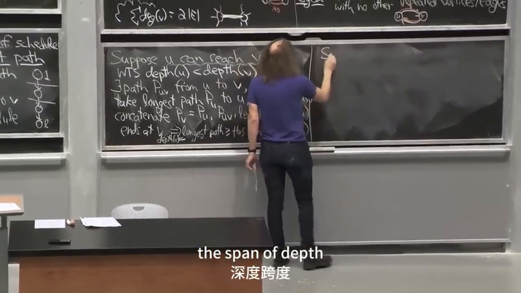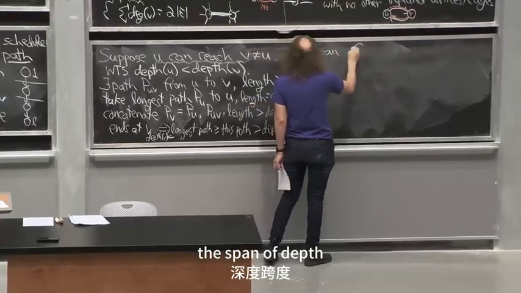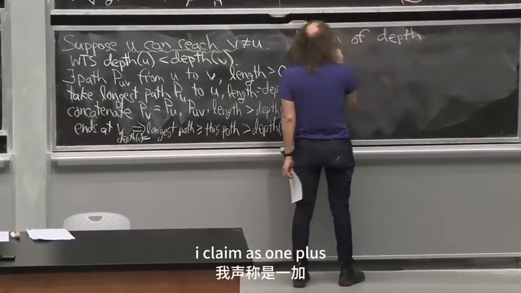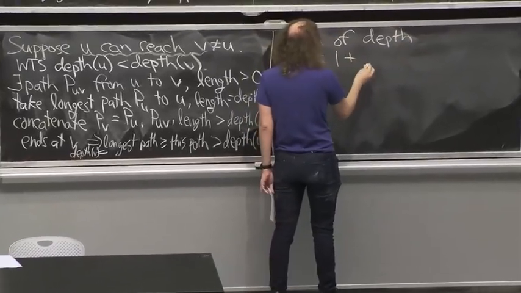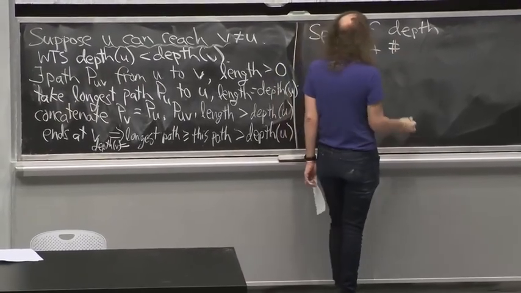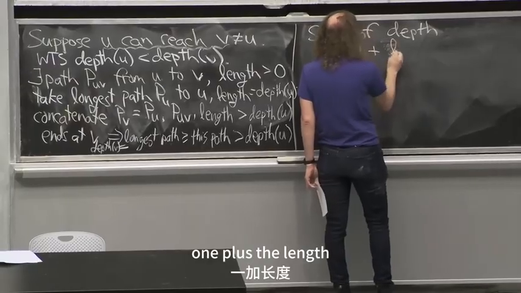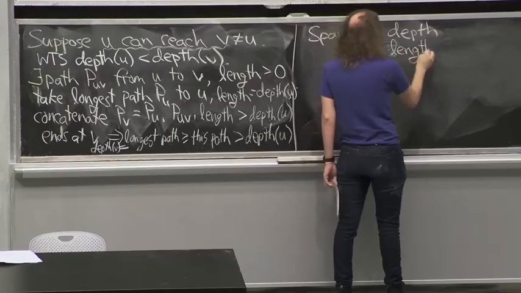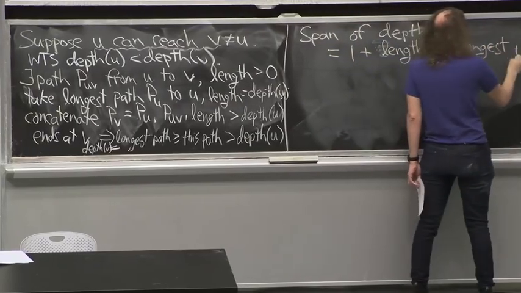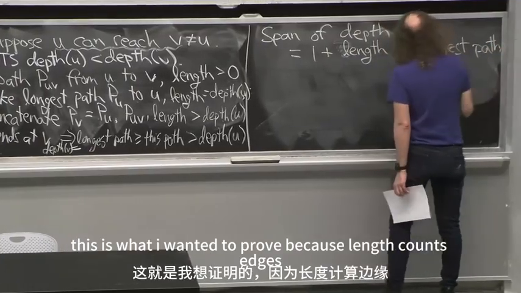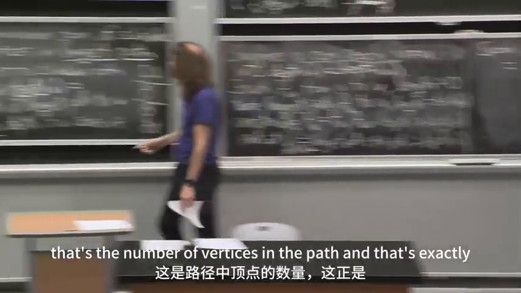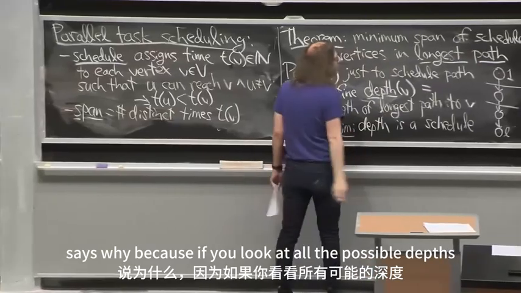Okay, the span of depth I claim is 1 plus the length of the longest path. This is what I wanted to prove, because length counts edges. So if I add one more, that's the number of vertices in the path. And that's exactly what this theorem says.